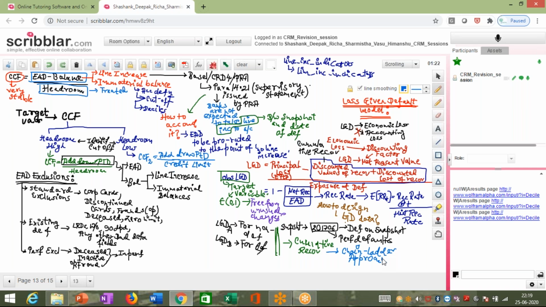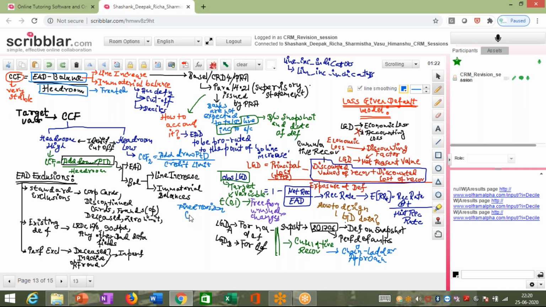Number two, it's called the fixed horizon method, and the second is the cohort method.